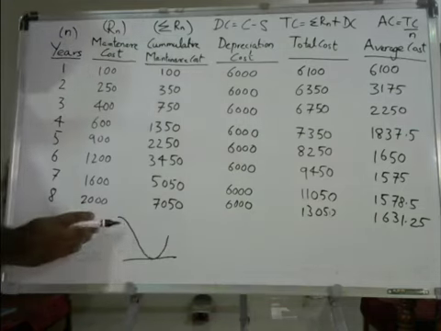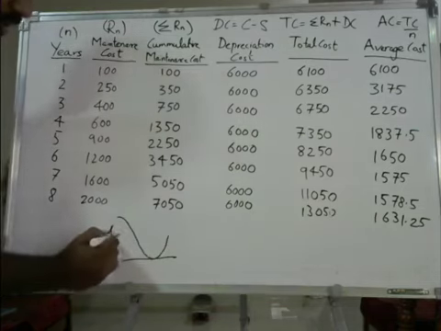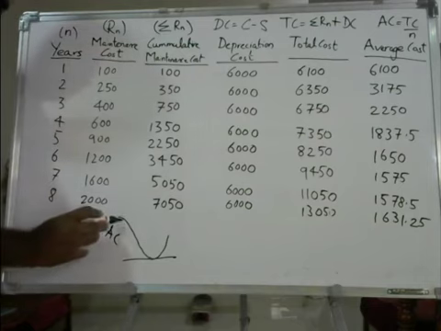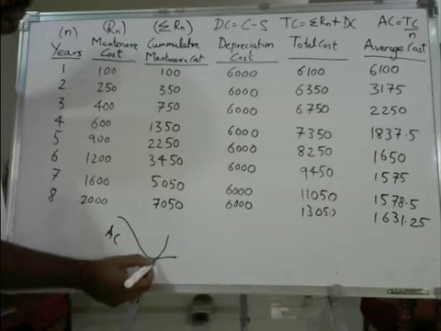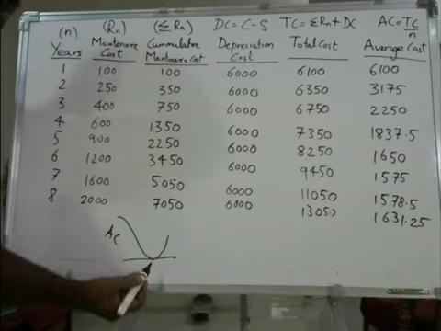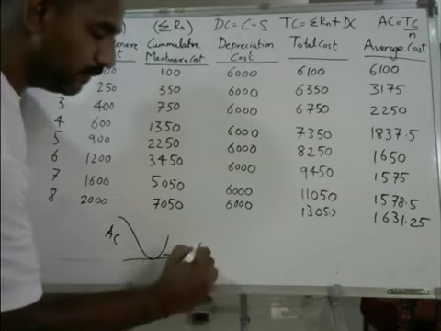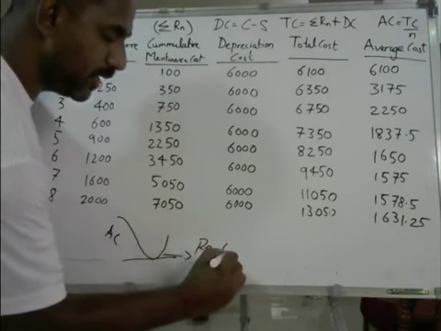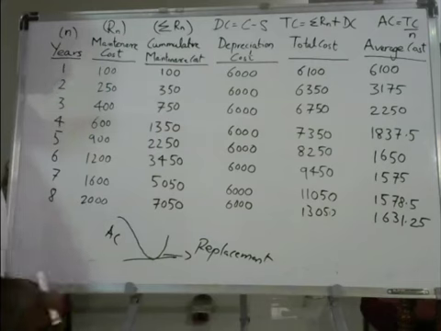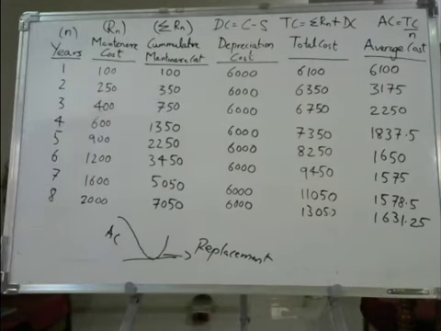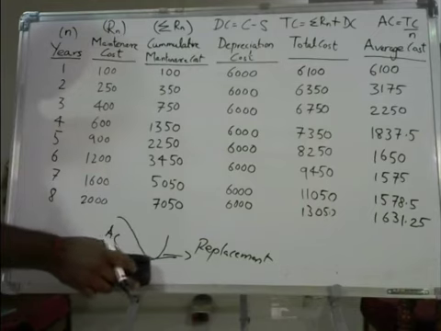This average cost comes down, and the point at which it starts going up again, that's where you have to do the replacement, because you don't want your cost to go up. So in the average cost, you need to find out for which year it is hitting the bottom and going up.